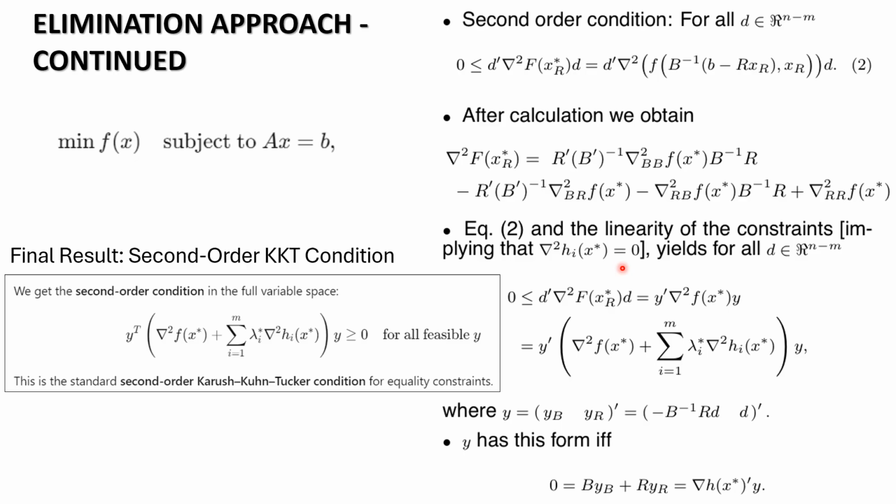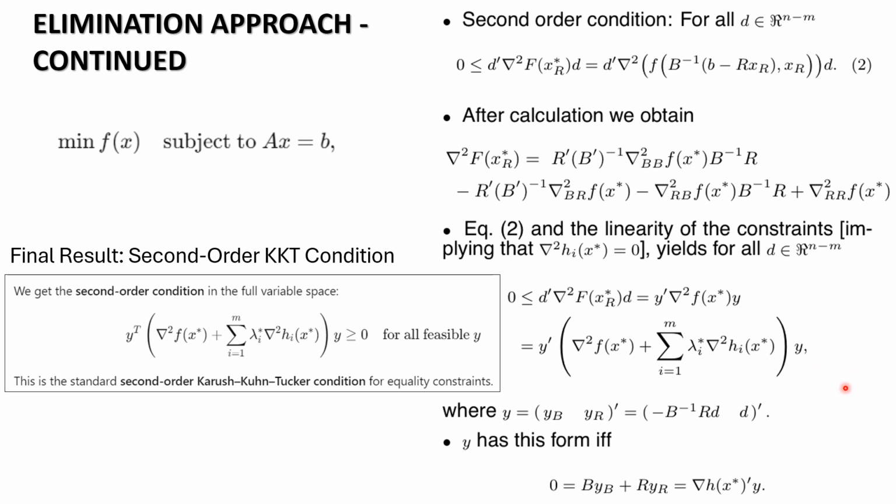And from equation 2, the reduced Hessian becomes like that, because the second derivatives of h_i(x) are 0. Yes, h_i(x) is 0. The Lagrange form remains valid.